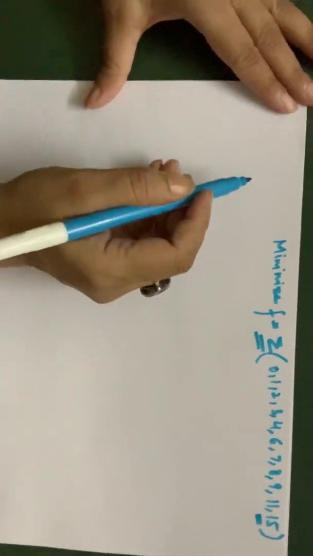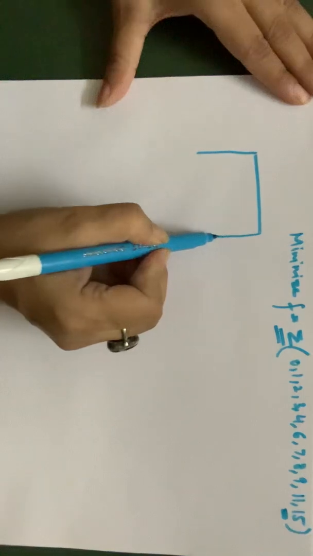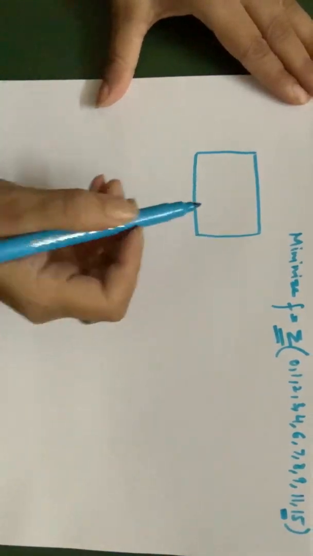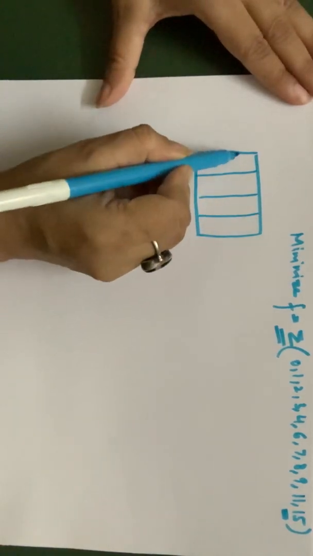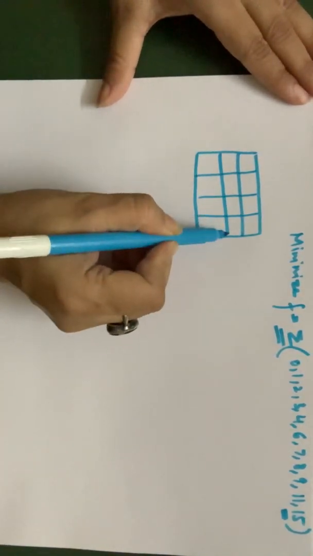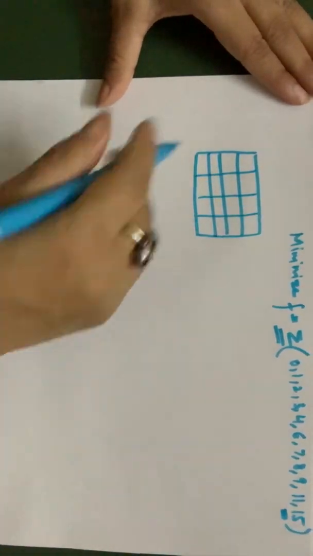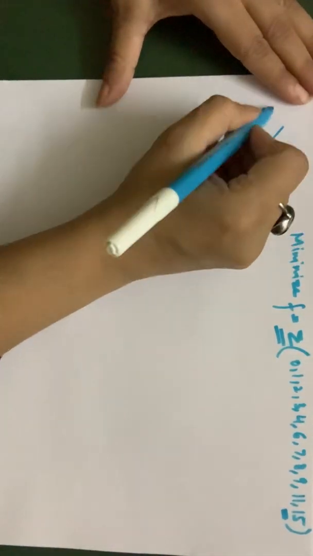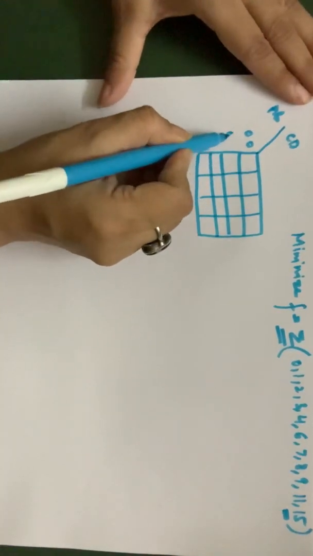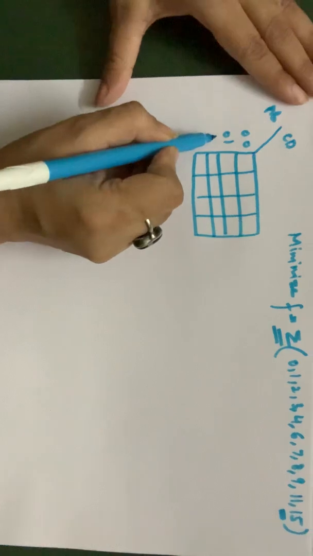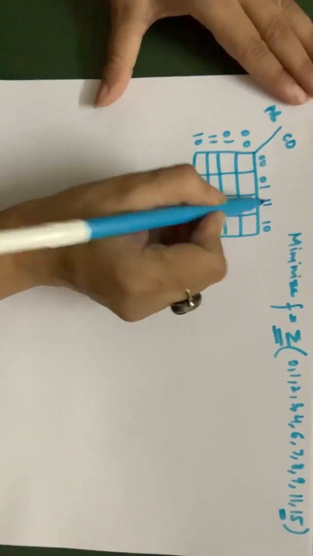So we try to make a 4 variable K-map and put in the values here. I'm solving it very fast for you all. You can check the values in the table in my previous videos. A, B, C, D, 0 0, 0 1, 1 1, 1 0 and 0 0, 0 1, 1 1, 1 0.